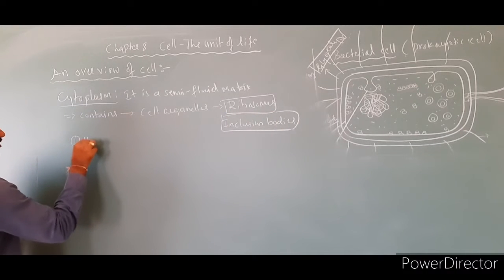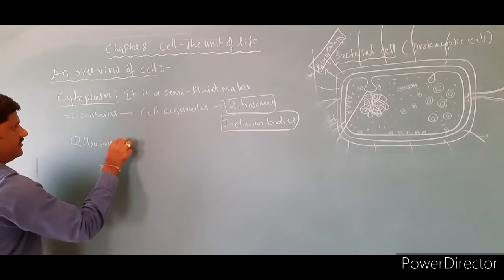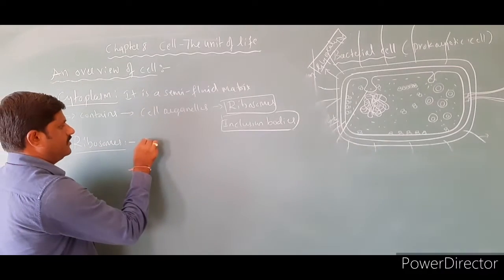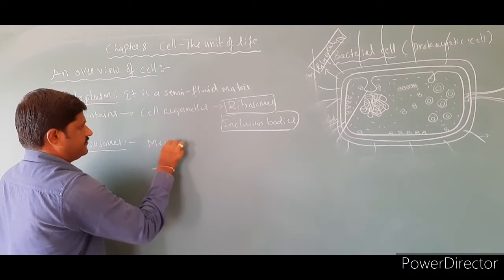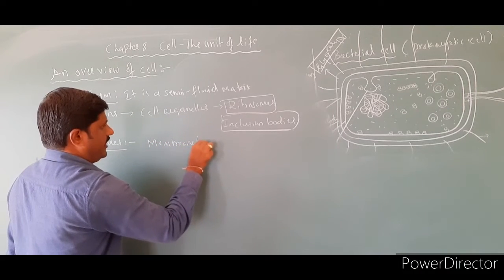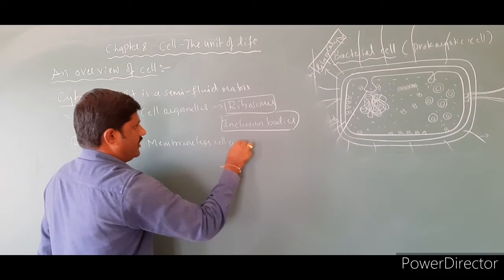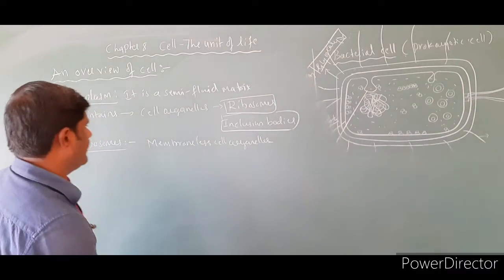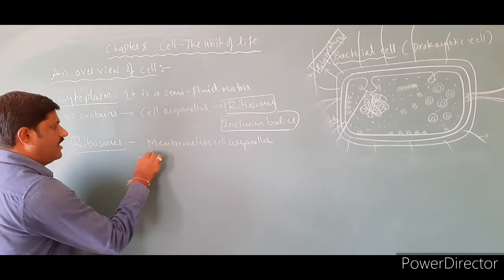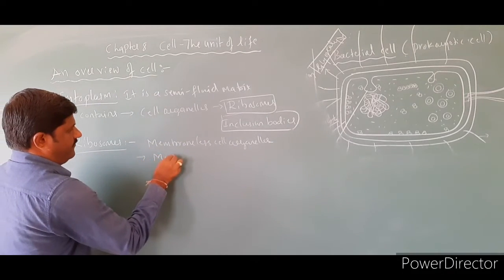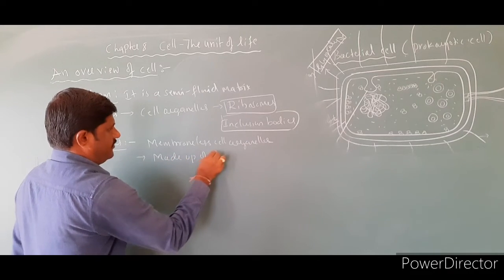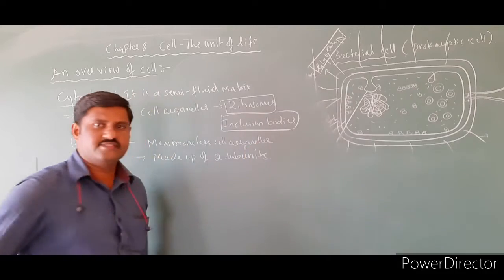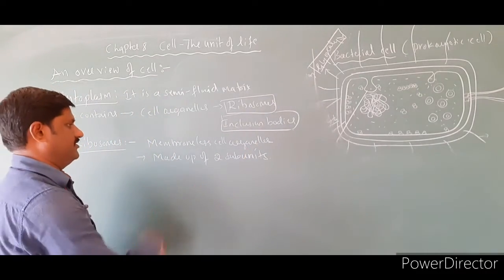So what are these ribosomes? Ribosomes are membraneless cell organelles, and these are made up of two subunits. How many subunits are they made up of? Two subunits.